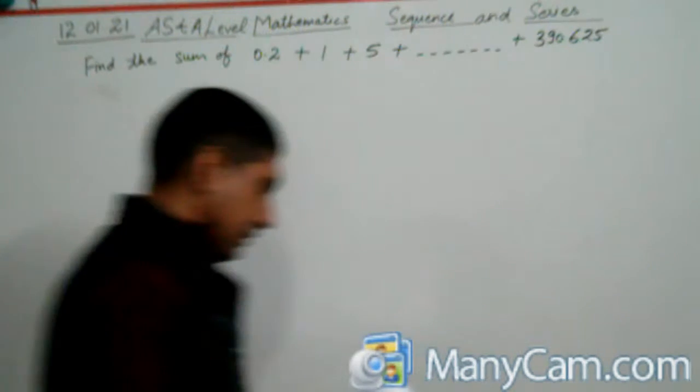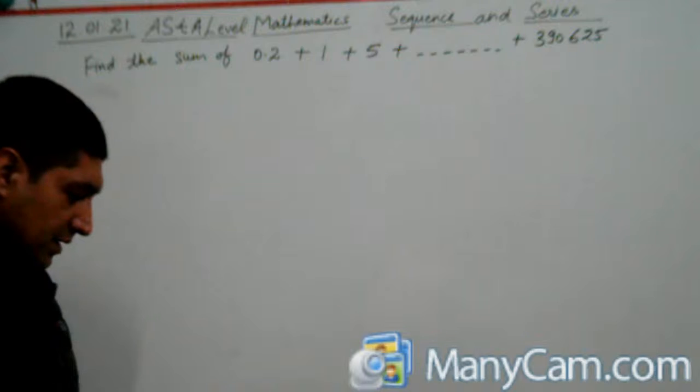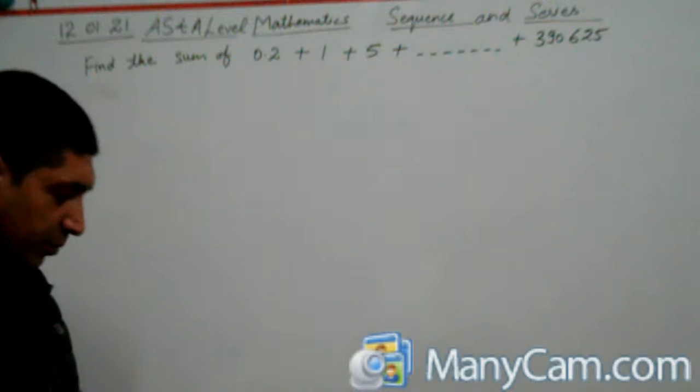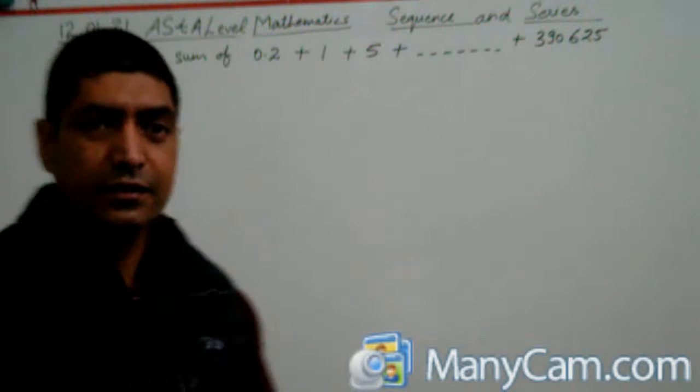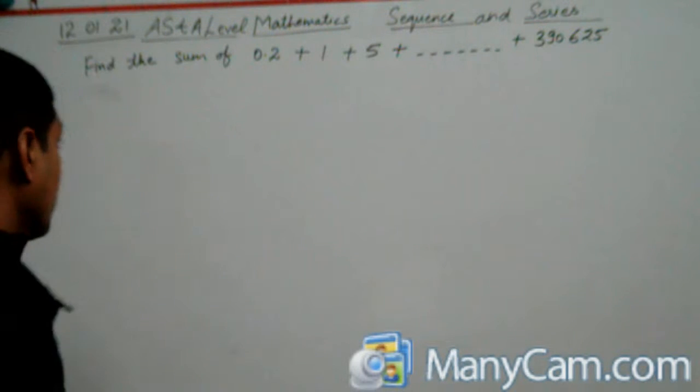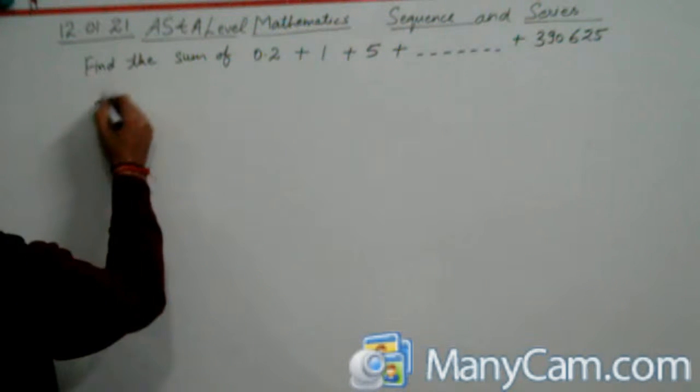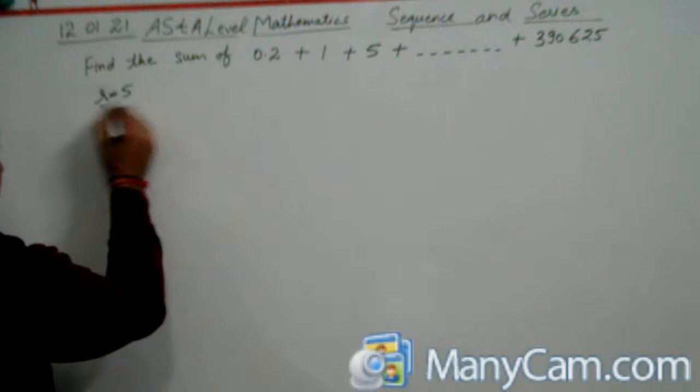Here in this geometric progression the common ratio is 5. R is equal to 5 here.